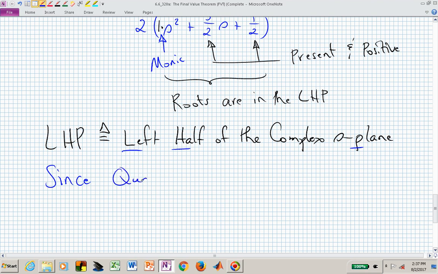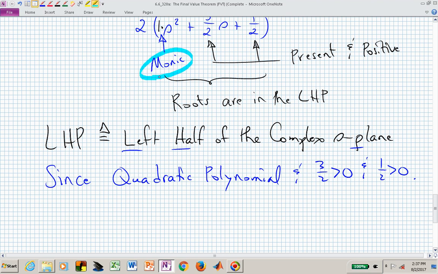a quadratic and 3/2 is greater than 0 and 1/2 is greater than 0. And we can then do that, or just check those, because we factored it to be monic.